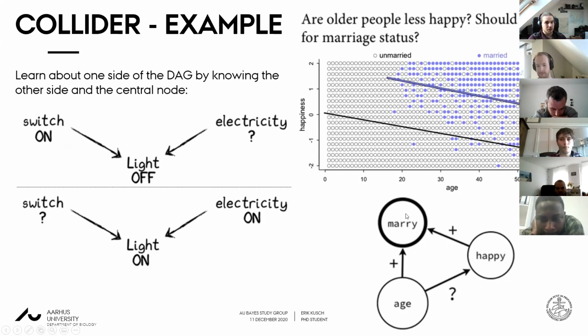Because as you get older, you are more likely to marry, and the more happy you are, the earlier you marry. Because age doesn't have to have a strong effect on your marriage anymore. So you can see that the first individuals that get married are disproportionately happier than the rest of the population.